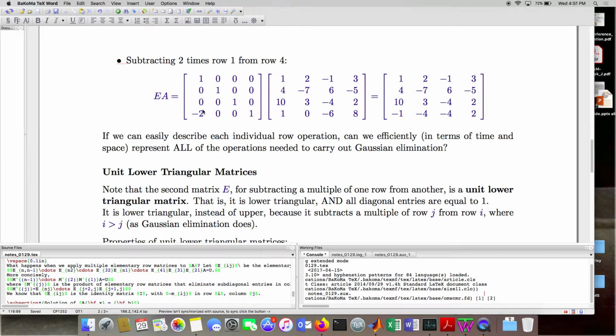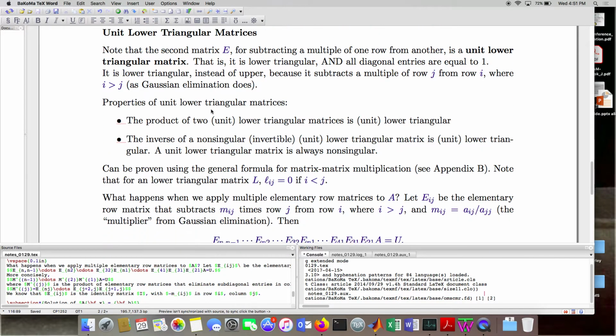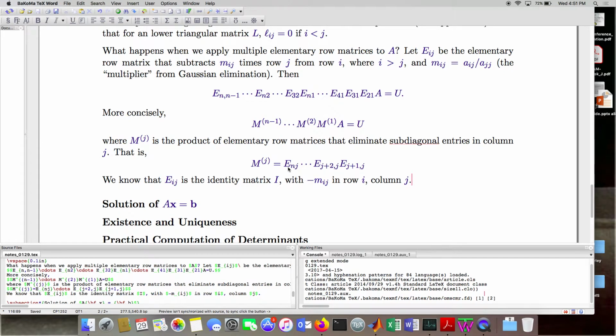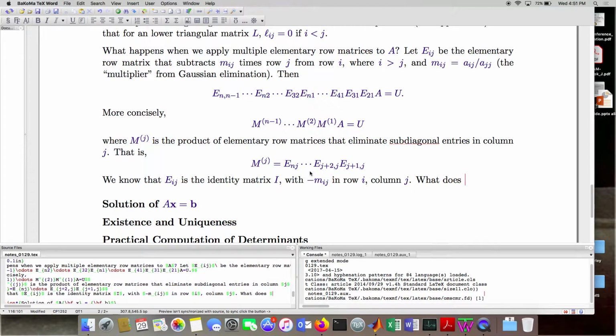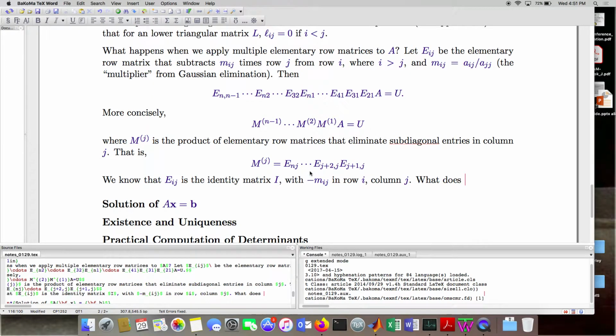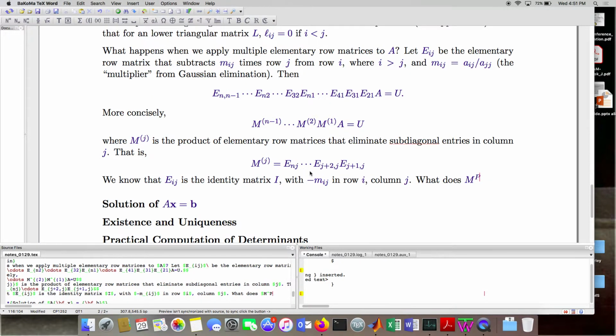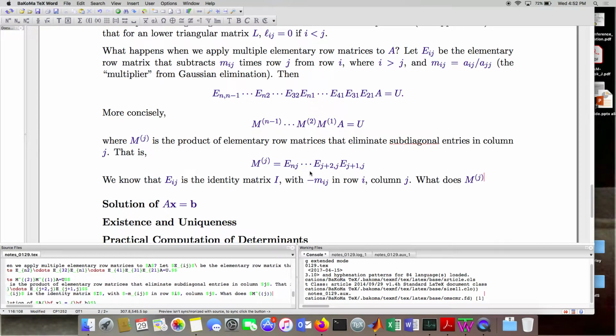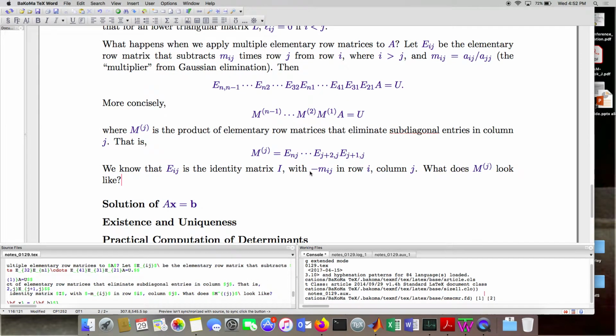So what if I take all the elementary row matrices from column 1 and multiply them together? So what does Mj look like? Well, that would be a huge ordeal to type out.